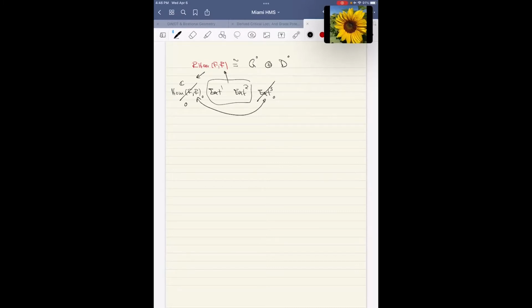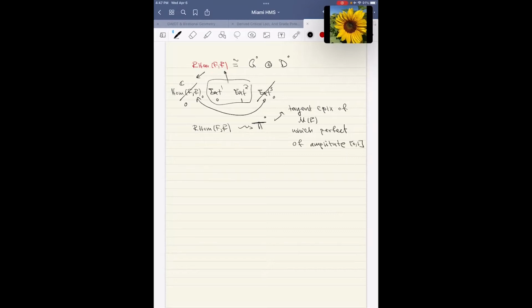So we say that R Hom(F, F) is in some sense the tangent complex of the moduli space, which is perfect of amplitude 0, 1, since this term sits in degree 0 and this term sits in degree 1.